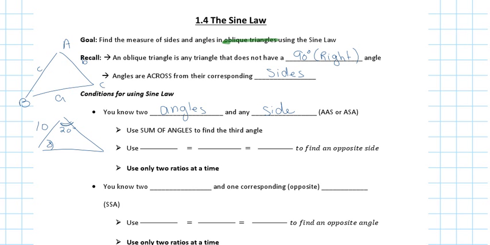In this case, I can't do this triangle using the sine law yet, because I always need an angle and its opposite side. The only angle and opposite side would be this one. But remember, I have two angles, so I can find the third easily by doing 180 minus 80 minus 20. As long as you have two angles, you can always find the third angle if needed.